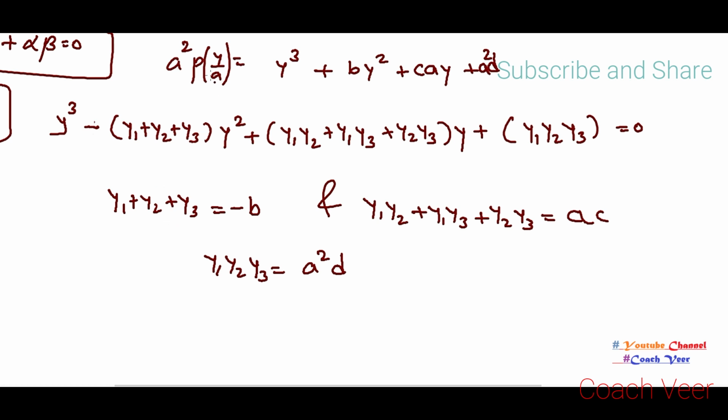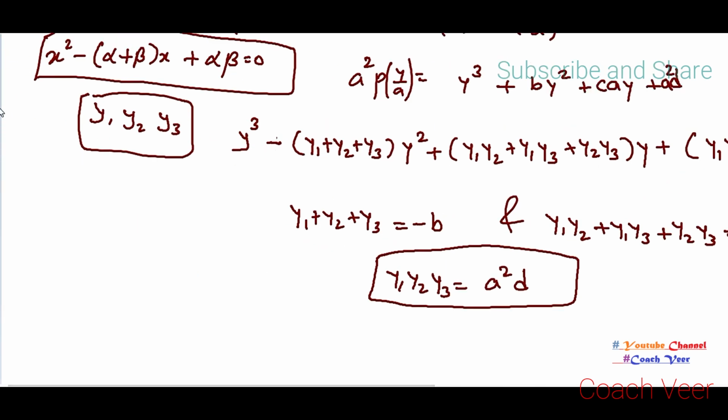If you are getting doubt in this, you can just take it as P of beta or something. Now the point is, these three numbers are being multiplied and you get a square d. What's that in the question?